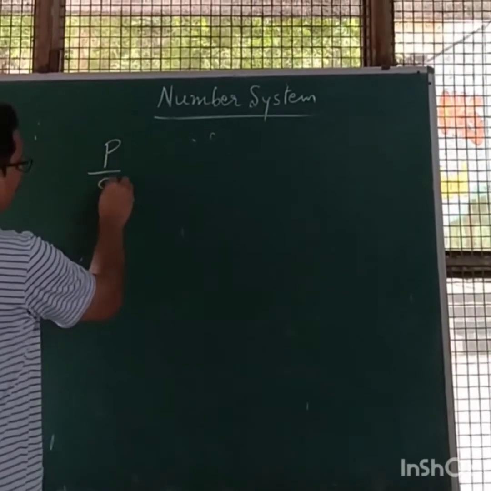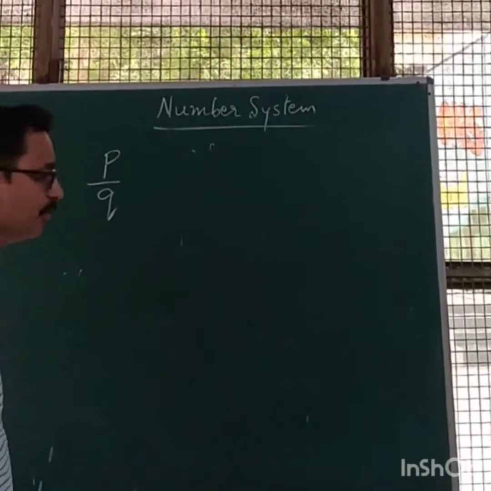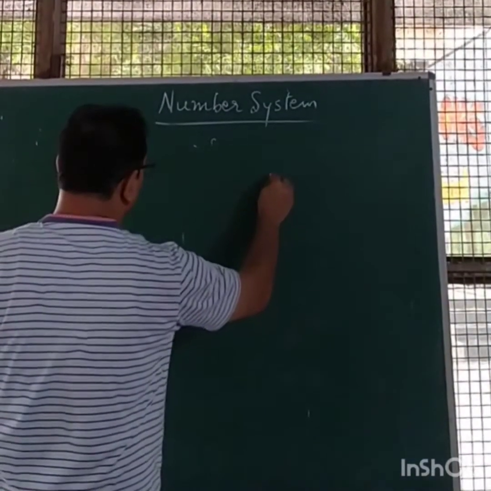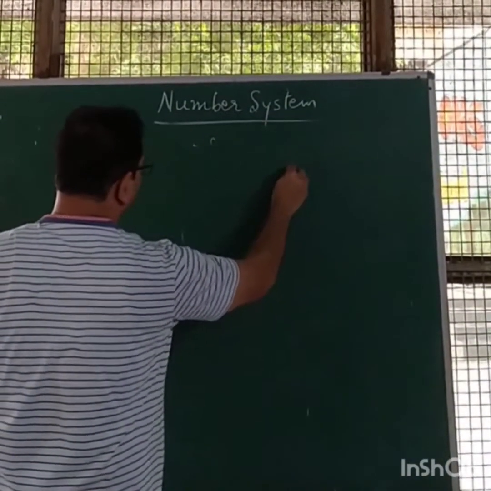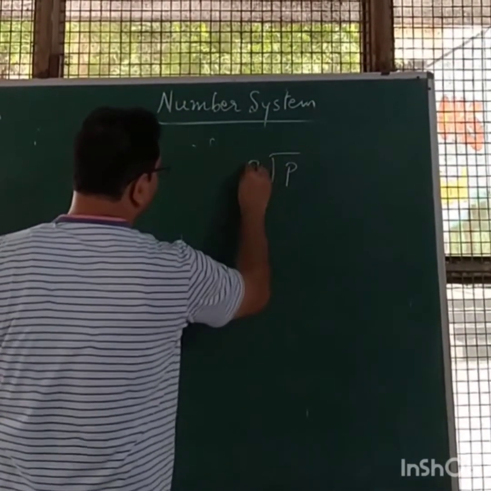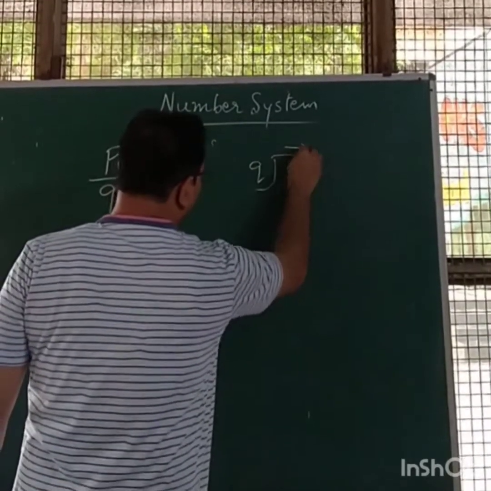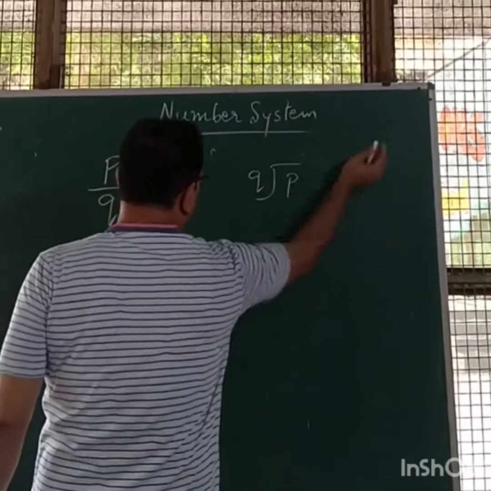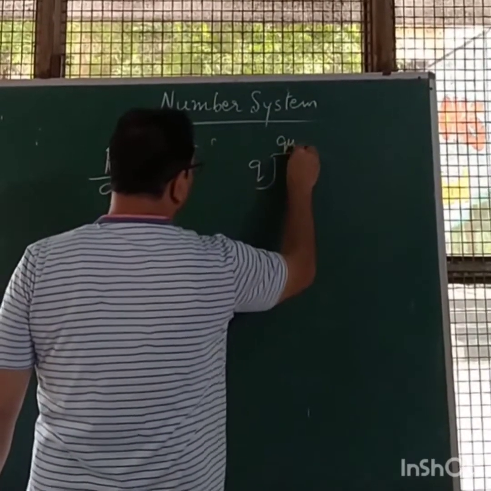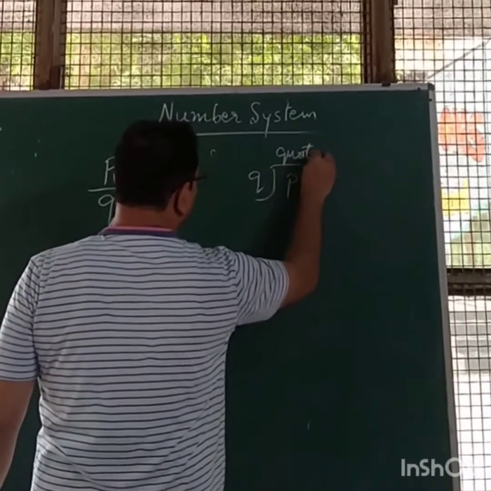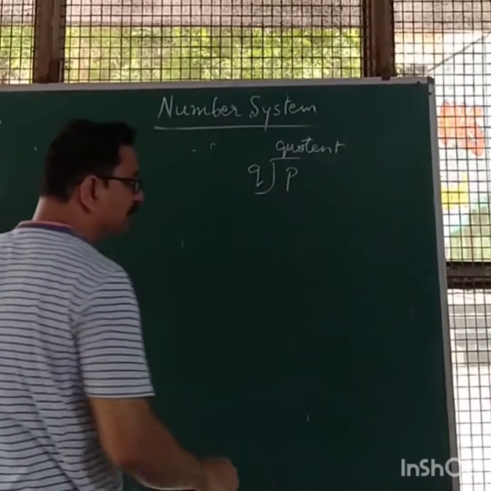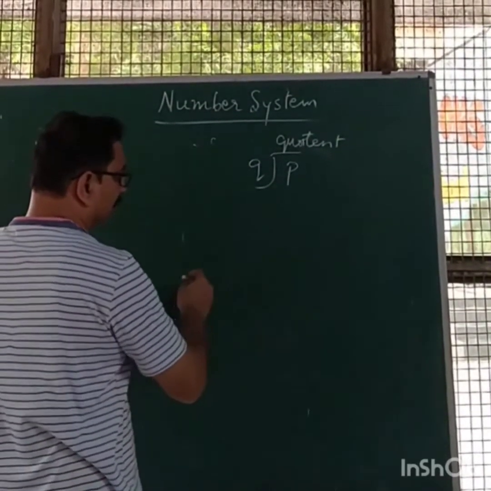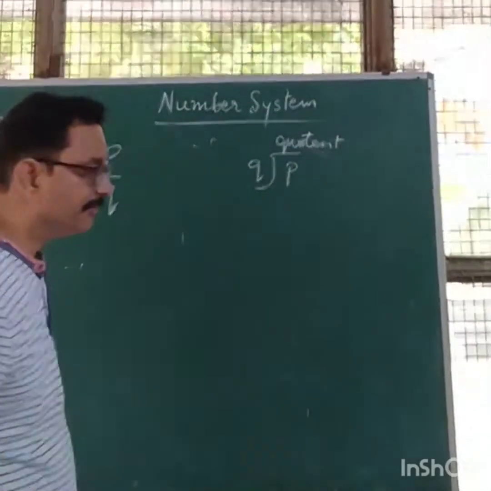A rational number is of this type, P upon Q. If we divide the numerator by the denominator, P divided by Q, then whatever the result, it is called the quotient. Whatever be the quotient, that is the decimal expansion.